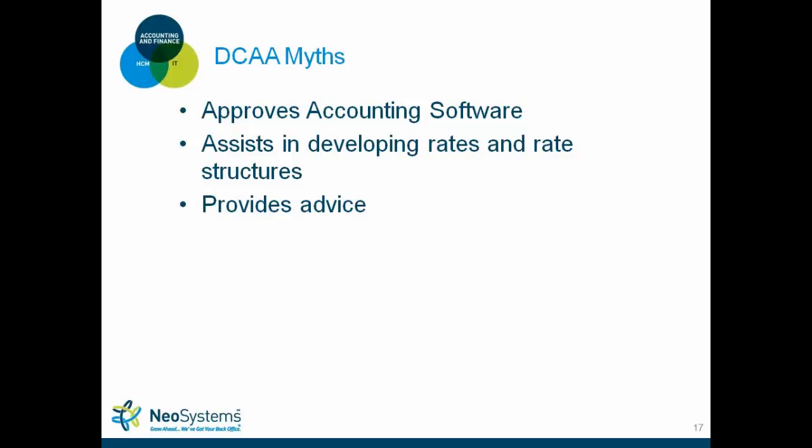They will never assist you in developing rates and rate structures. So if you were to call them and say, well, I have this scenario and I'm thinking about splitting out my overheads, for instance, they'll never tell you whether it's right or wrong, and they won't tell you if you should do it or if you shouldn't do it. And again, they don't provide advice on really anything.